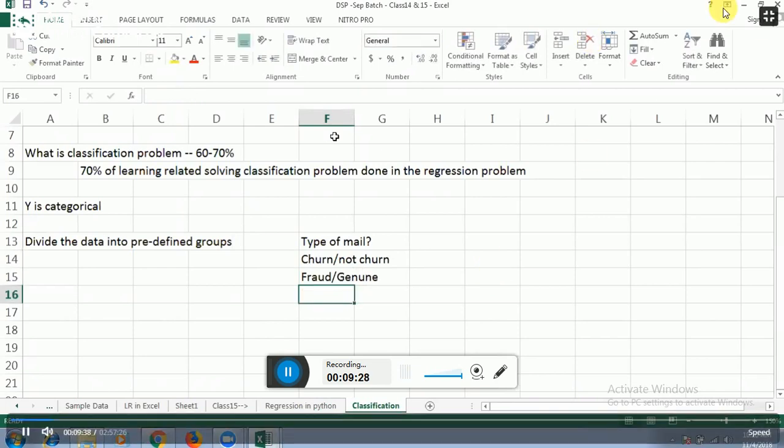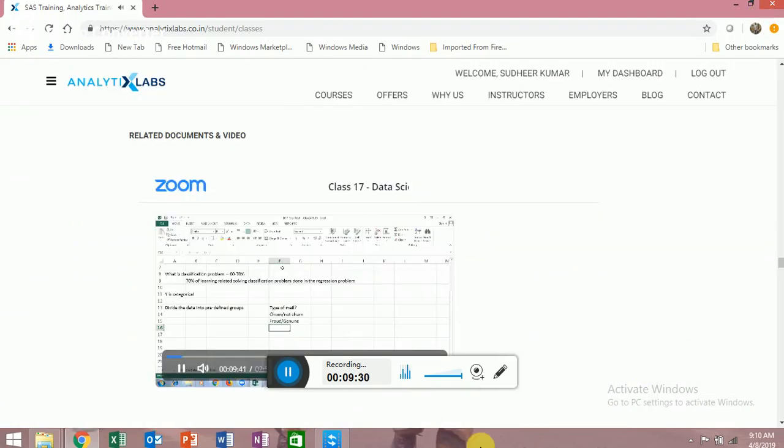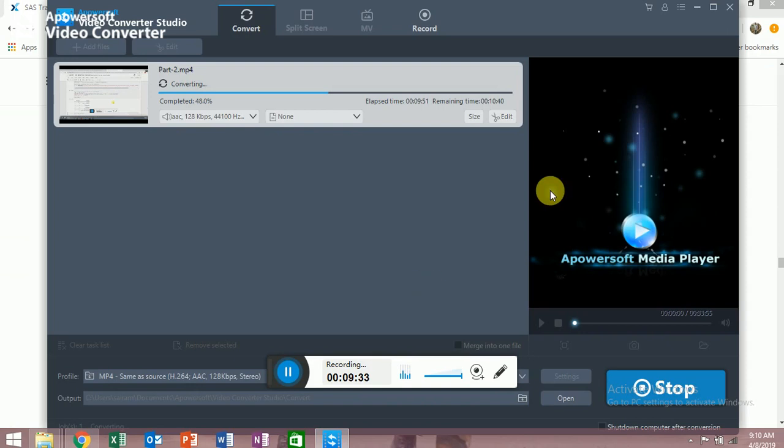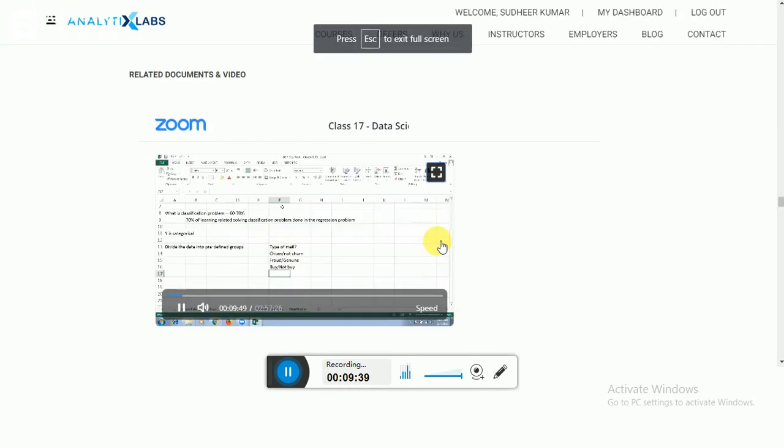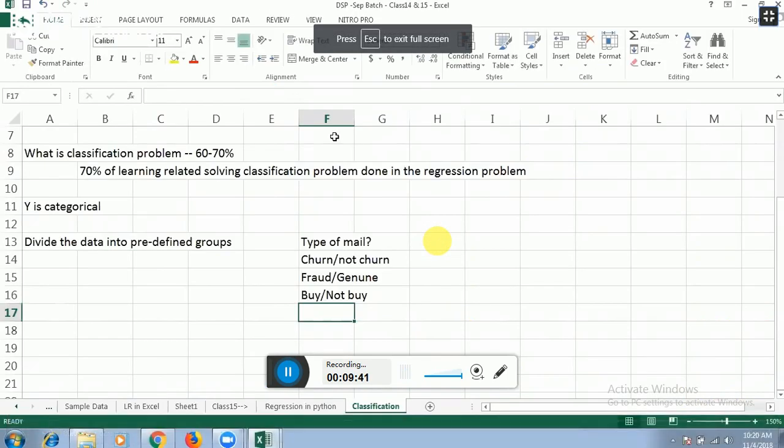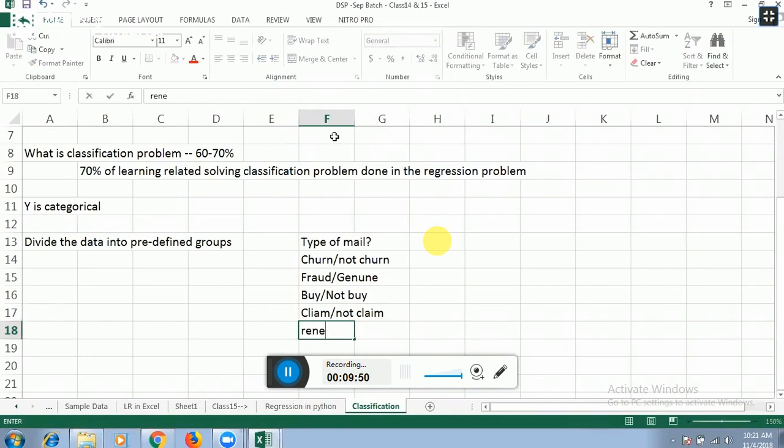What else? Any other examples which you want to tell? Customer buy versus not buy. Fraud versus not fraud, churn versus not churn, and whether the customer is going to claim the insurance amount or not, claim or not claim, renew or not renew. That's also to some extent fraud only, right? Okay, so renewal or not renewal. Okay, we will win the bid or not.